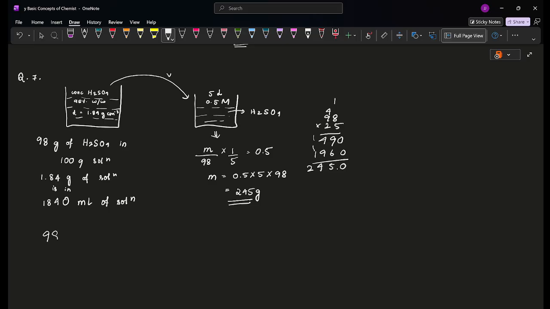Okay, wait, 98 gram of H2SO4 is in 100 gram of solution. Then 1.84 gram of solution. Yeah. But another thing I can observe here is we could find molarity, which is 10 into weight by weight percentage into density divided by molar mass. So you're going to get something like this.